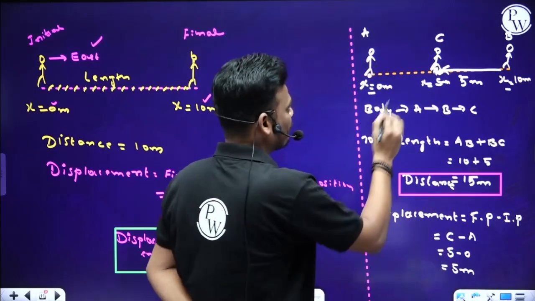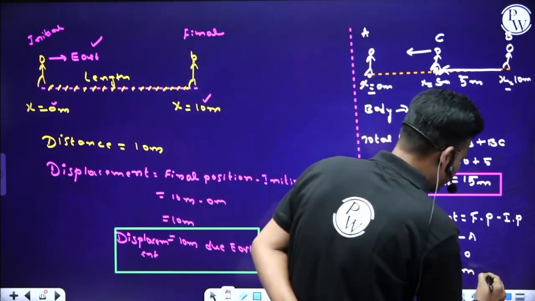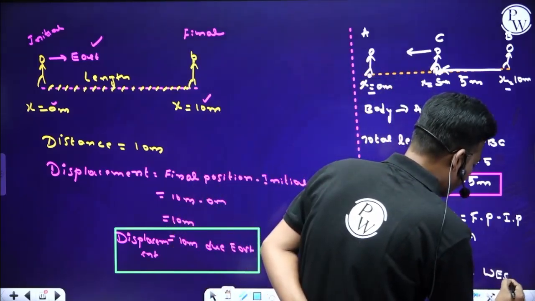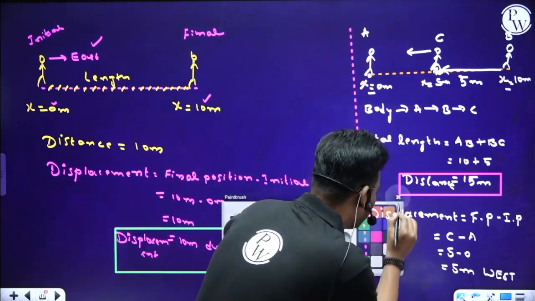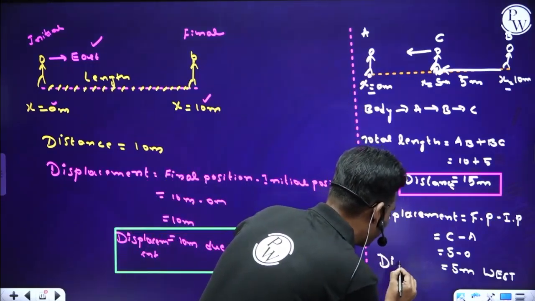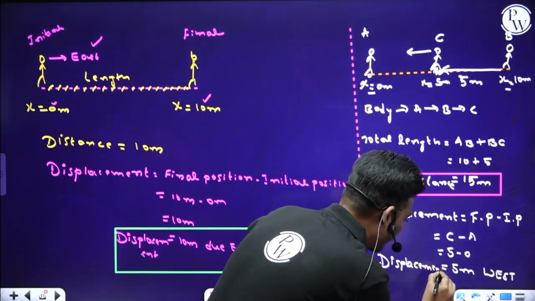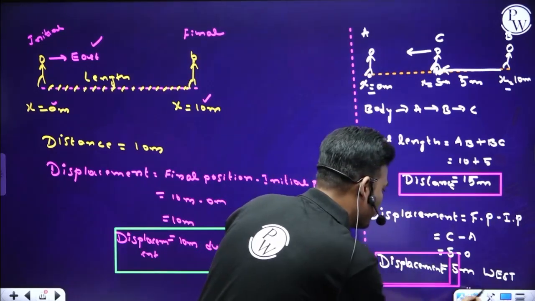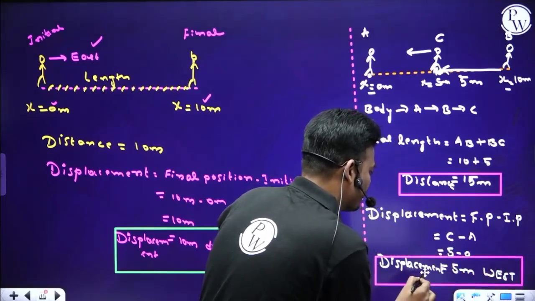Then what is the direction of the body? At point C, the direction is towards west. So here you can see distance and displacement. Distance is 15 meter, but displacement is just 5 meter. What does it indicate?